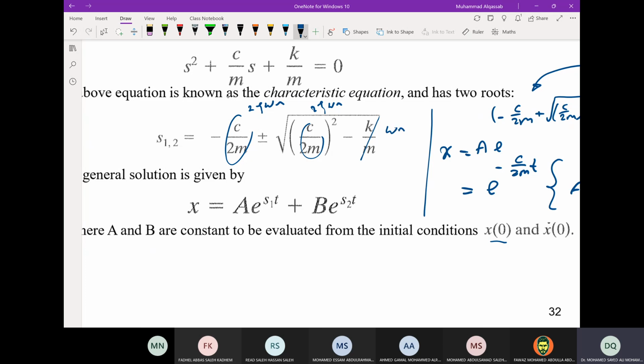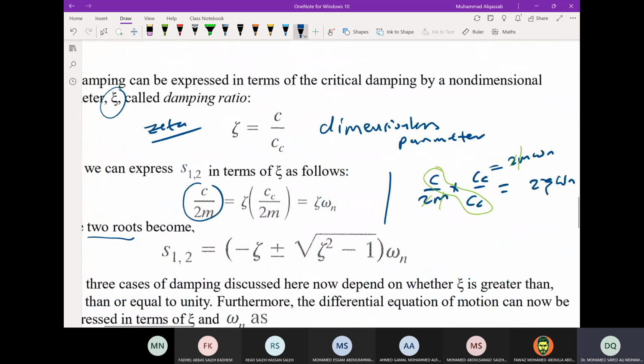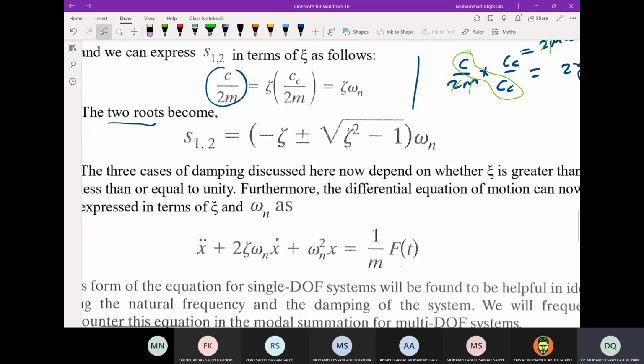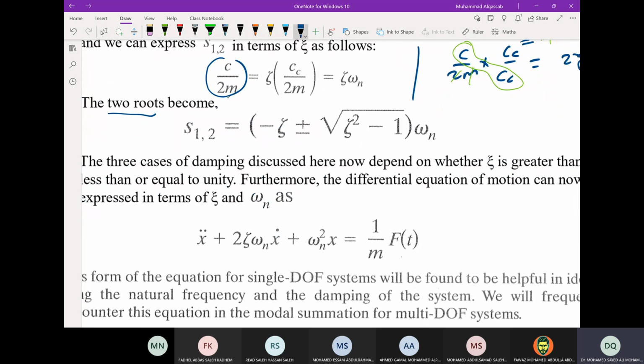So this will be omega n squared inside, and this will be the whole thing squared. Then instead of having 3 parameters, C, K, and M, you will have only 2 parameters. So the roots S1 and S2 will reduce to minus zeta, taking omega n as a common factor, minus zeta plus or minus square root of zeta squared minus 1.